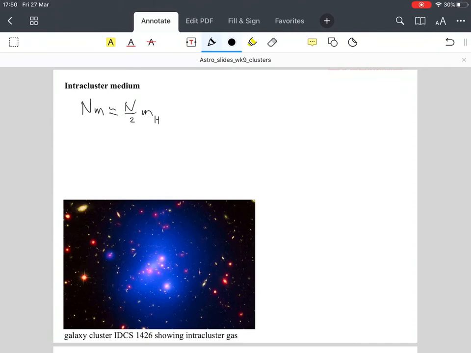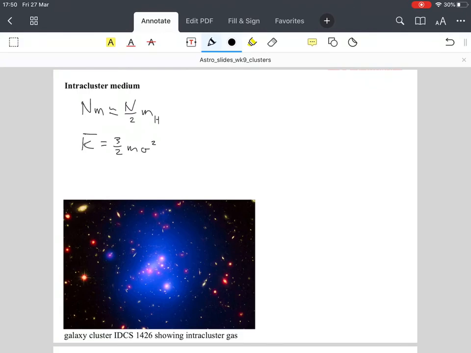So that's fine. What we can do is use the definition of the thermal kinetic energy and our measurements of the motion of the galaxies, where we already saw that the average kinetic energy was 3/2 m sigma squared.